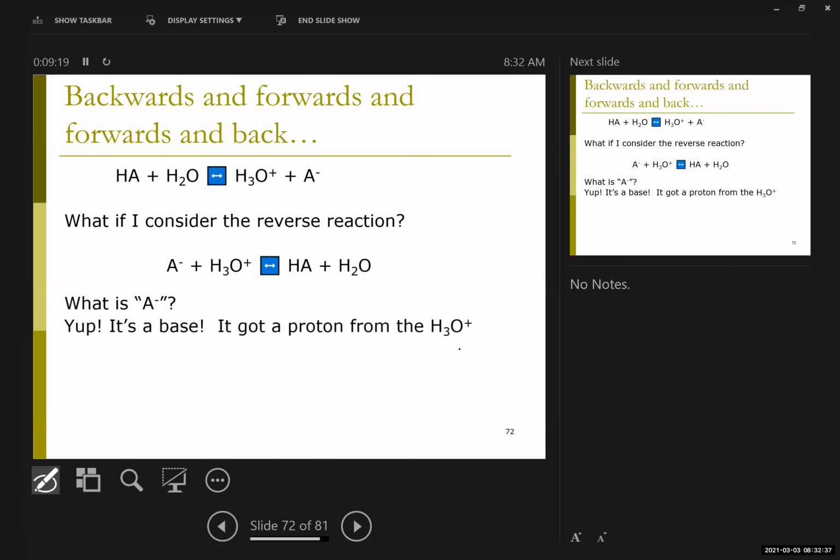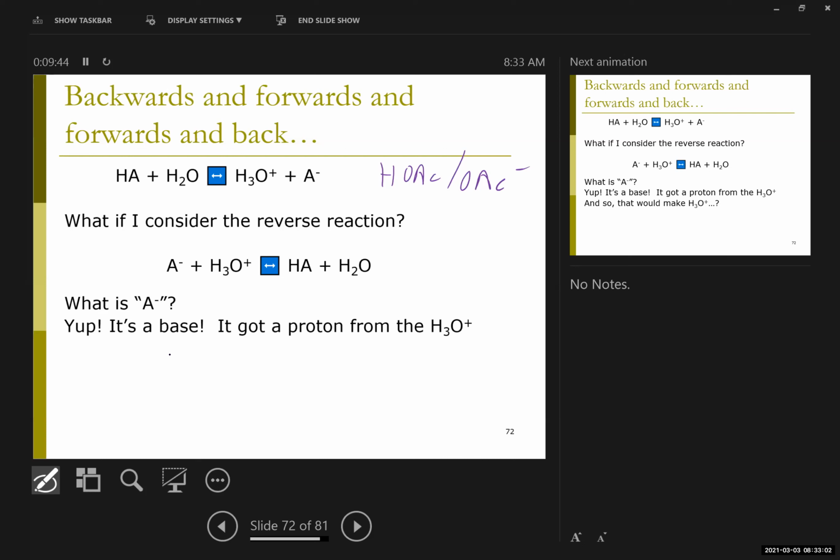In other words, I don't want to think of acetic acid as acetic acid. I want to think of acetic acid as acetic acid and acetate. It's a conjugate acid-base pair, right? And it's helpful to think of them as a pair because it doesn't really matter which one I start with, I get the other one.